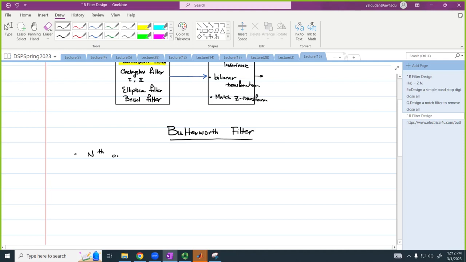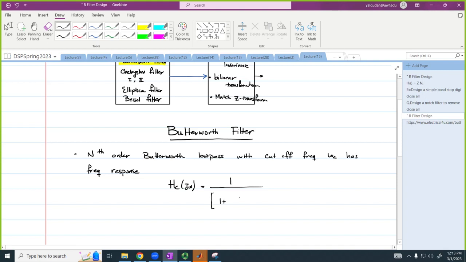If I have an nth order Butterworth filter, and this filter has a cutoff frequency omega cutoff, then it will have a frequency response that is given by H continuous of j omega equal to 1 divided by the square root of 1 plus (omega over omega c) to the power of 2 multiplied by n.